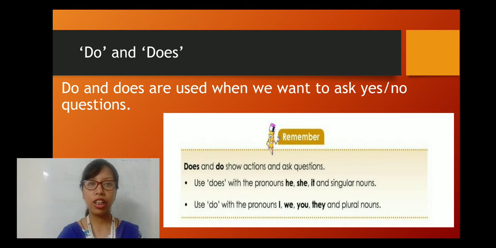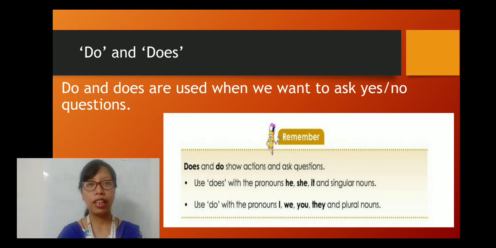Now we use does with the pronouns he, she, it and singular nouns. And we use do with the pronouns I, we, you, they and plural nouns. It is the same way as has and have.